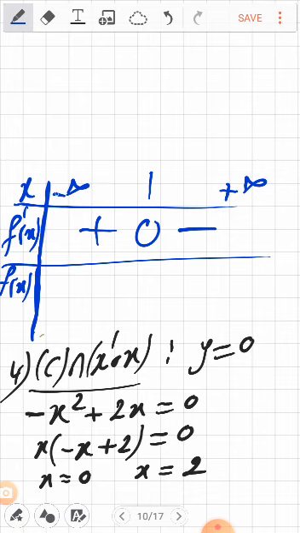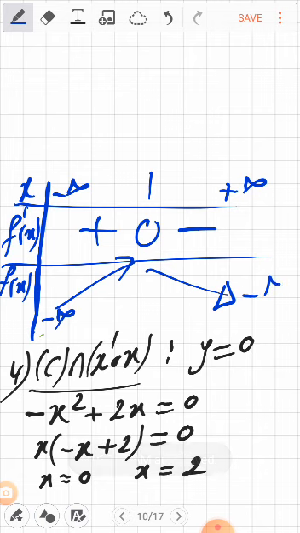For x belongs minus infinity to 1, f is increasing. For x belongs 1 plus infinity, f decreasing, because f prime is negative. As x tends to minus infinity, limit of f is minus infinity. Limit as x tends to plus infinity of f is also minus infinity.